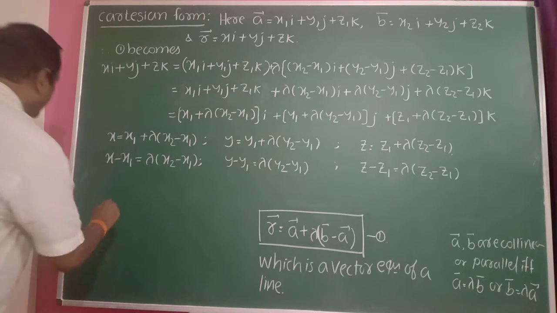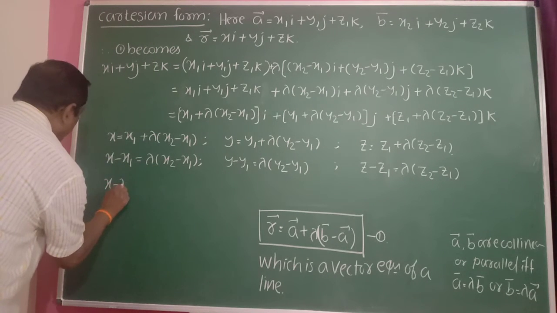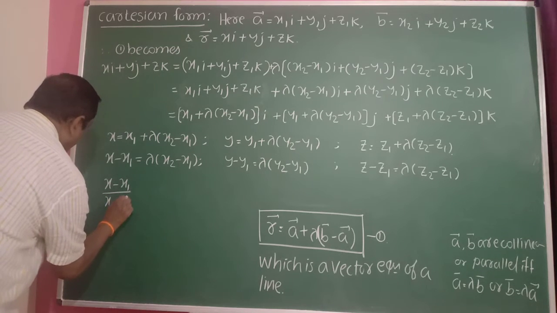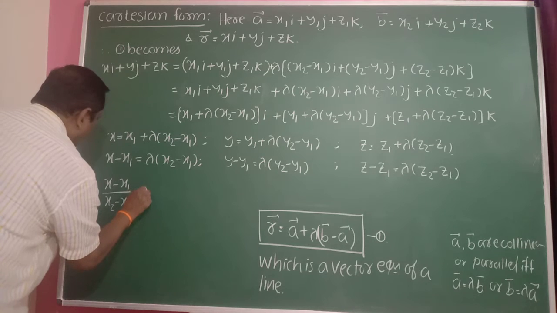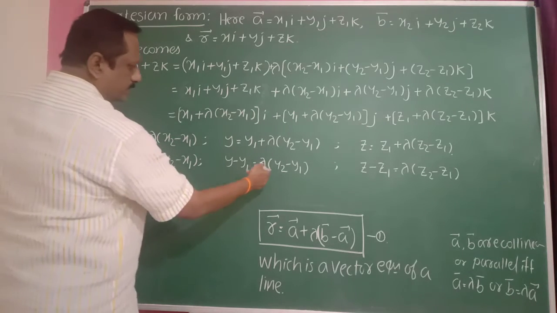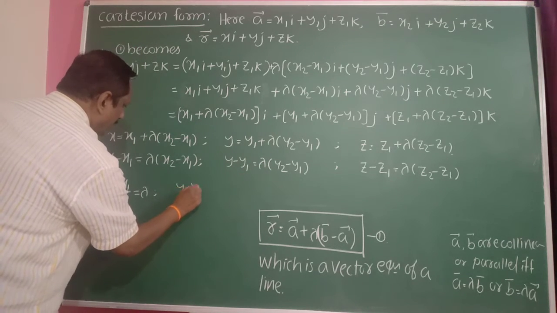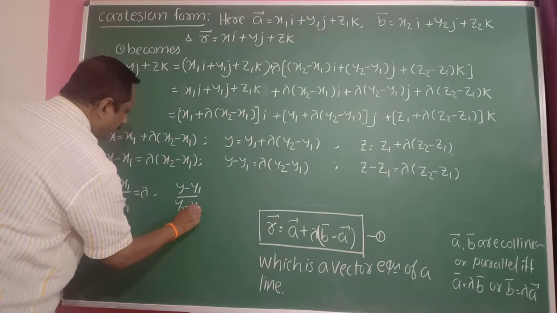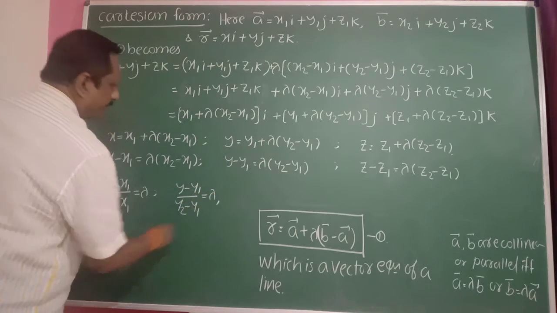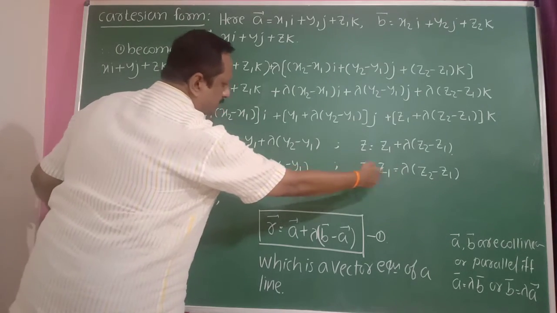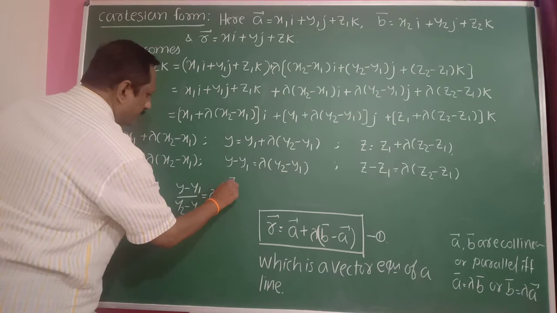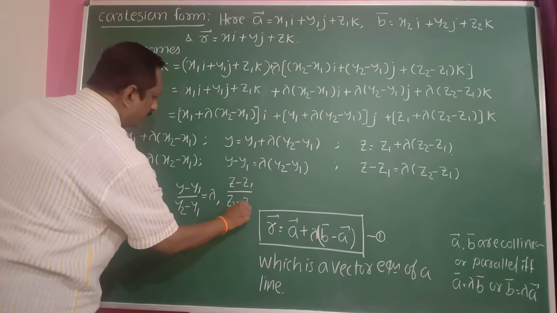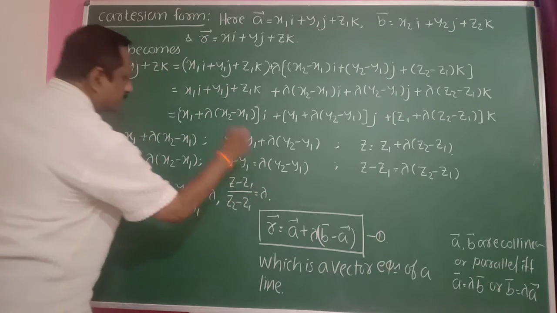Then cross multiplying, (x − x1)/(x2 − x1) is equal to λ. Again, (y − y1)/(y2 − y1) is equal to λ. Then take z2 − z1 to this side, so (z − z1)/(z2 − z1) is equal to λ.